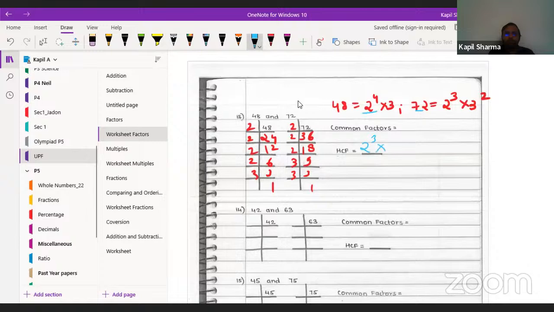So 2 cube times 3. What is 2 cube times 3, Swastik? Is it 18? It's 24. Okay.